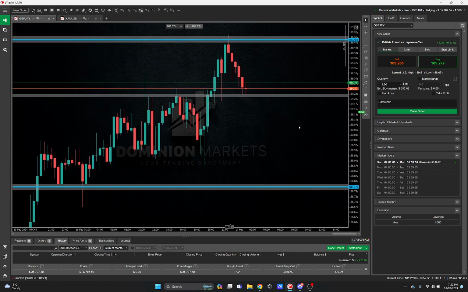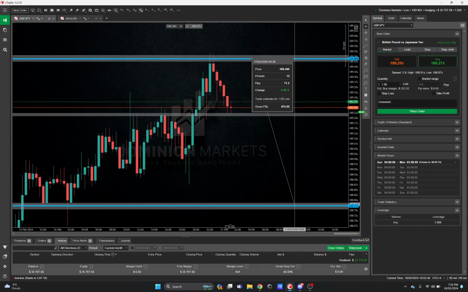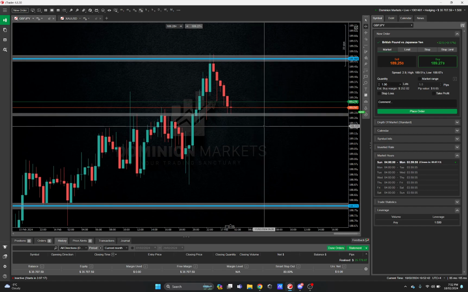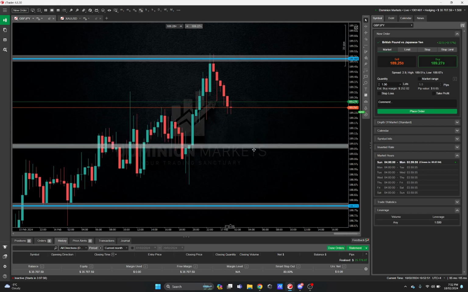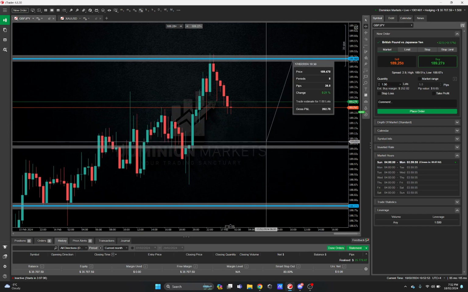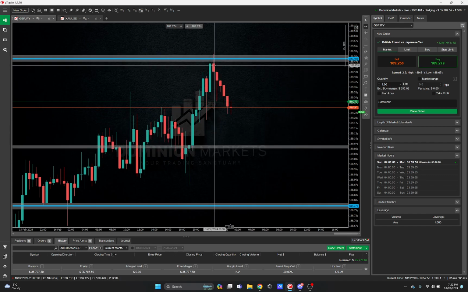I'd say just forget this 71 pip range. The only way this range could work is if we get some sort of clean move down and create support. Then the support is going to come down, and we can continue to move up. So we just have to wait for price to create another range.